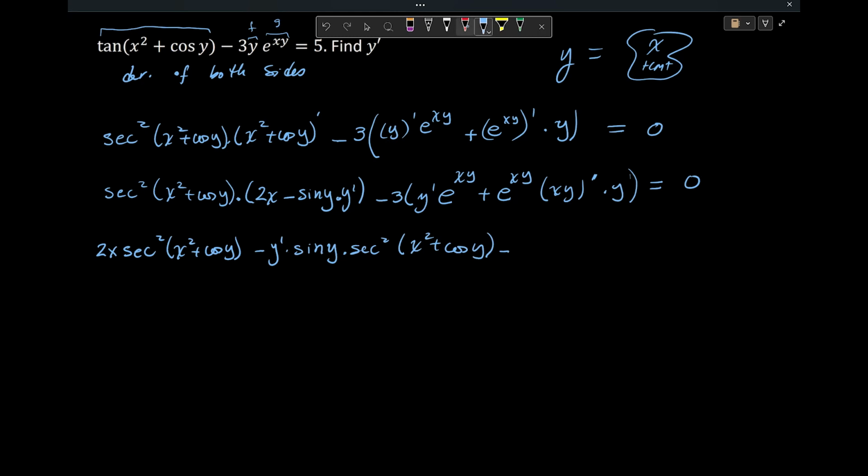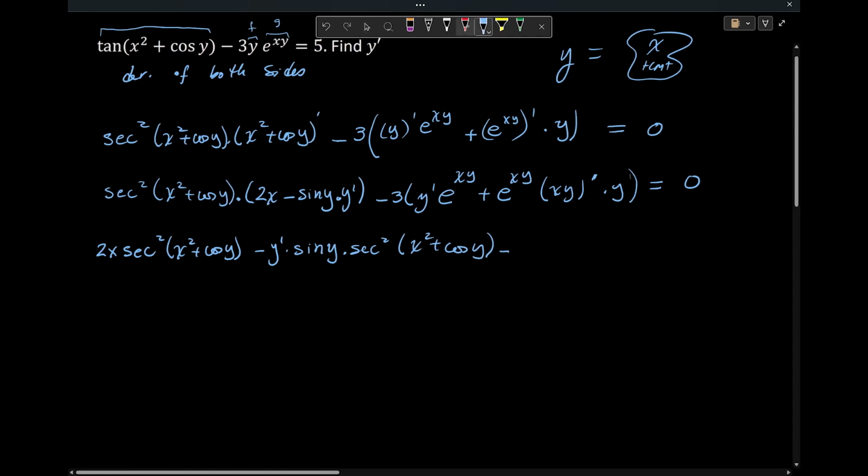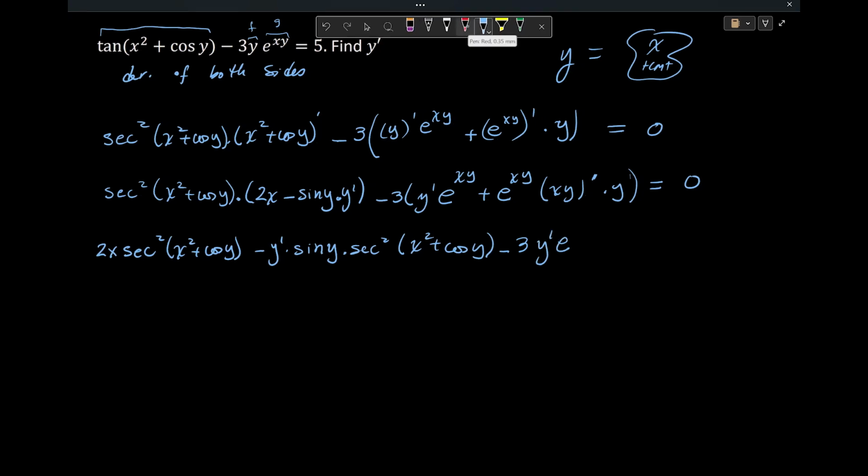Now we can let the 3 in. Here's a 3 y prime e to the x y, plus 3, and bring the y, put it in front of the e, times the derivative of x times y.